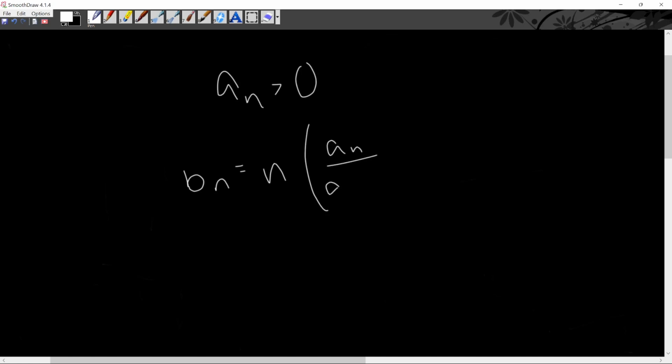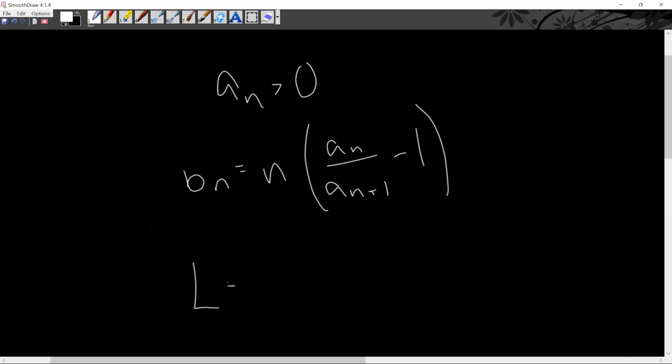Okay, this is another application of a ratio test. Since we've been talking about applications of the direct comparison test, let's talk about an application of the ratio test. If a sub n is greater than 0, and b sub n is a sequence created from n times the ratio between a sub n and the n plus 1th term, minus 1.